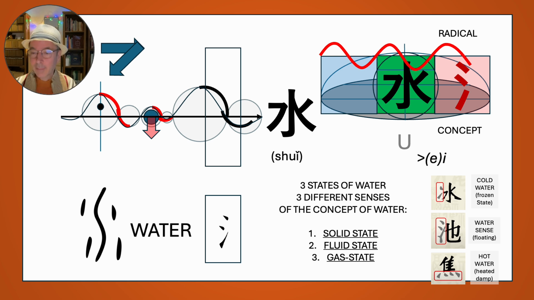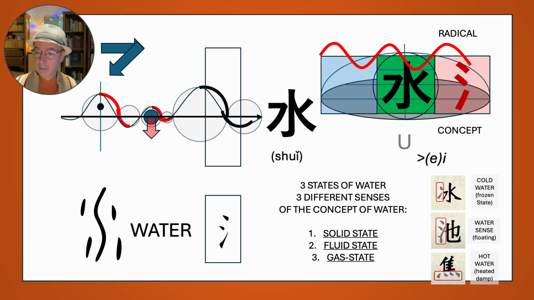It can be recognized immediately in the characters. When you recognize these character parts, you immediately know, oh yeah, this is about water. And you know immediately the stage: with just 1 drop and 1 flow, it's solid. 2 drops, 1 flow, floating water.